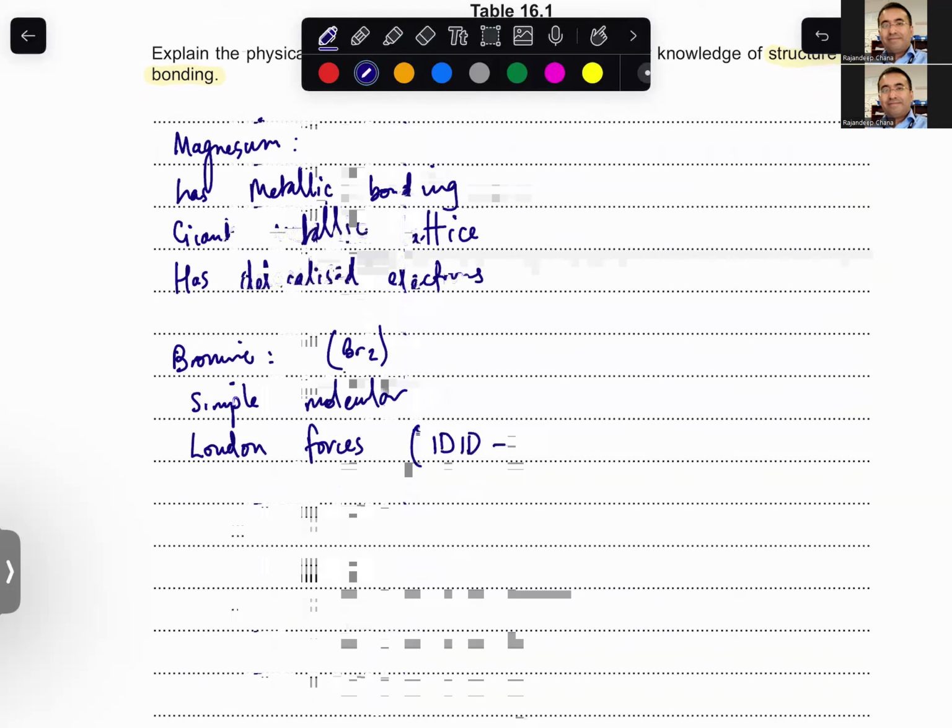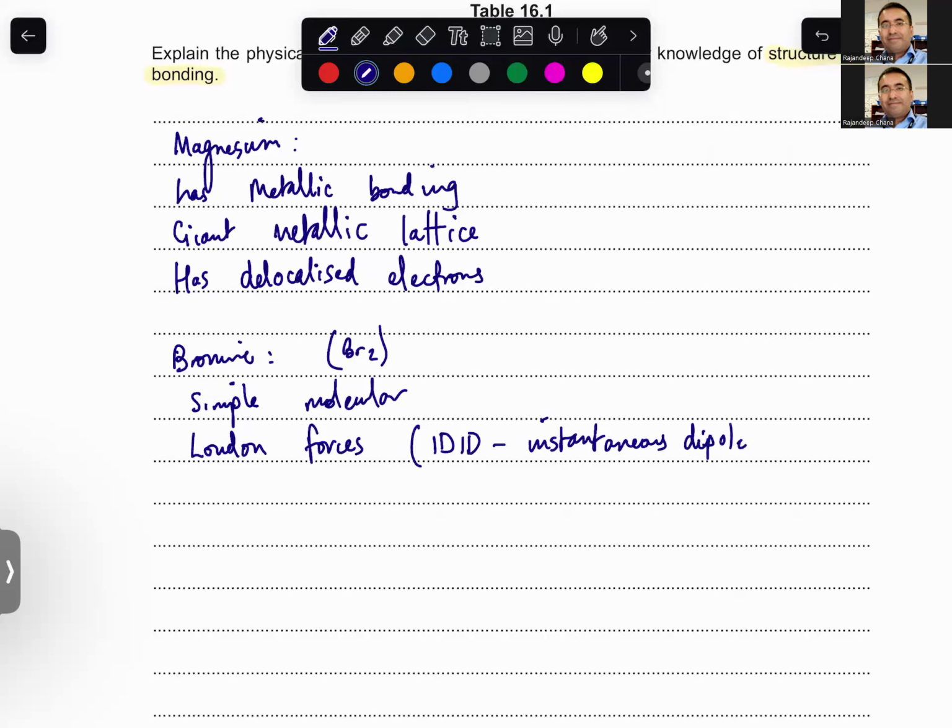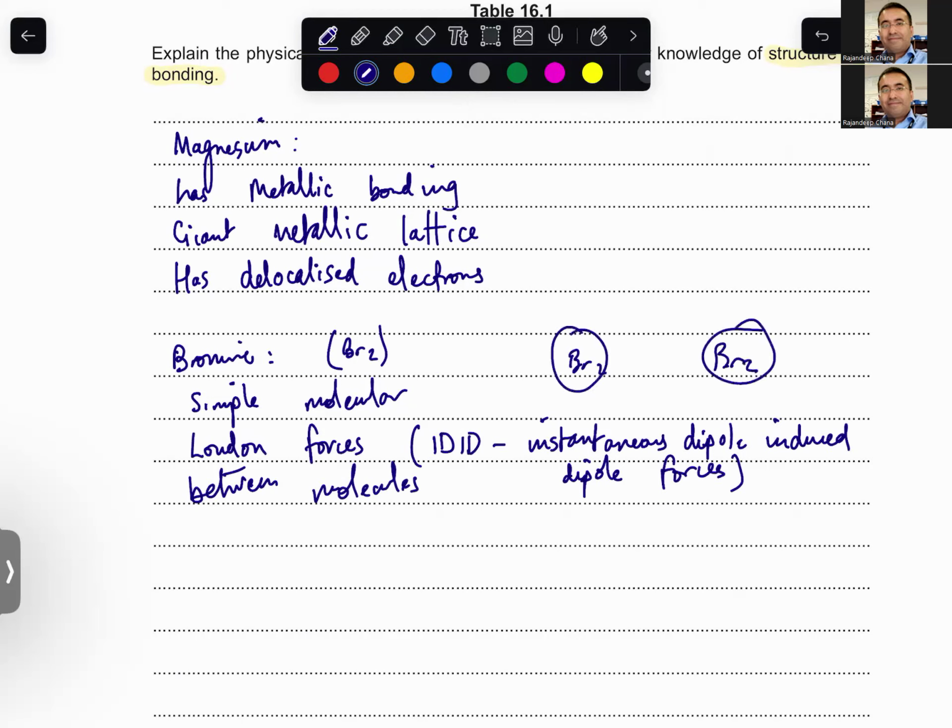What are they? Dipole induced dipole forces. Simple molecular has London forces between molecules. Be specific. So you've got your Br2, and it's that weak intermolecular force between them.